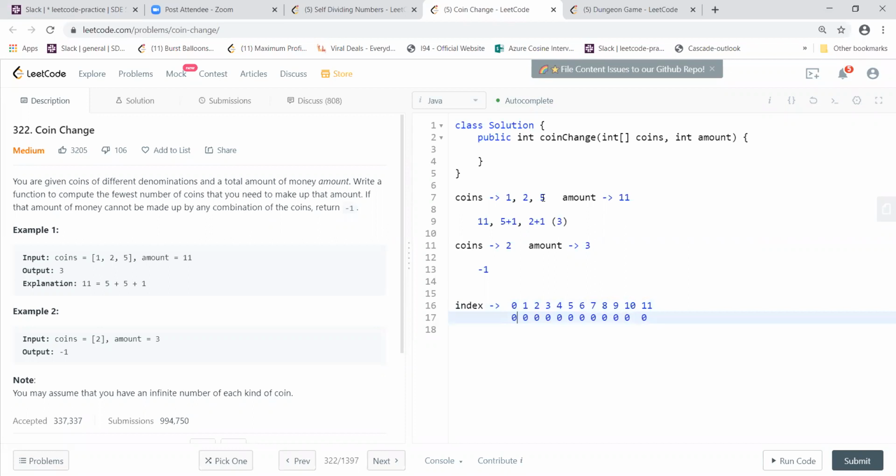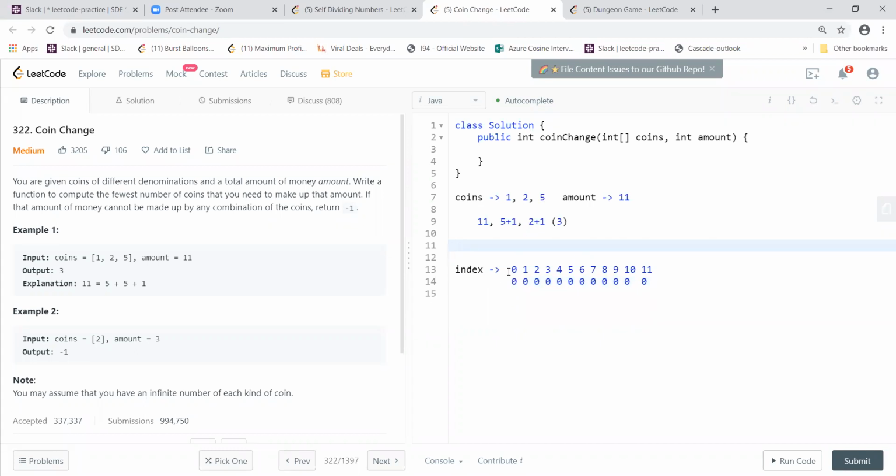Okay. So the first thing he said at that time, in the first example, is that I have coin denominations of 1 to 5. So every time I come here, for the 0th position I don't have to do anything, right?